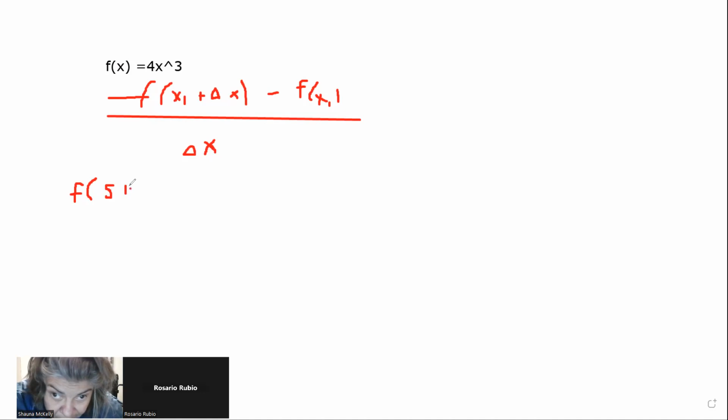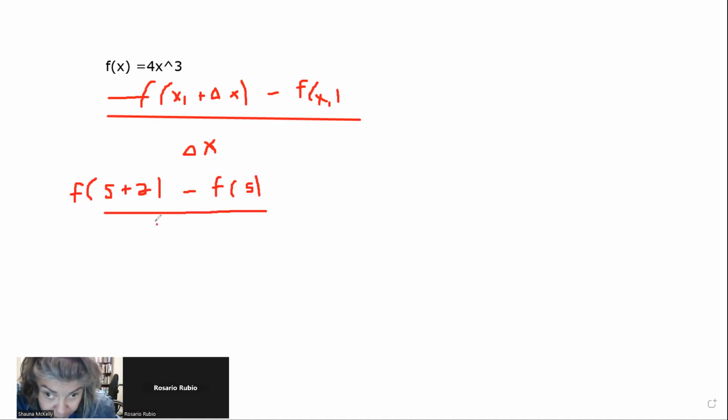So this is 2 here, right? minus f of x1, okay? Well, x1 we know is 5 units. So this is f of 5. And delta x is 2. You see that?